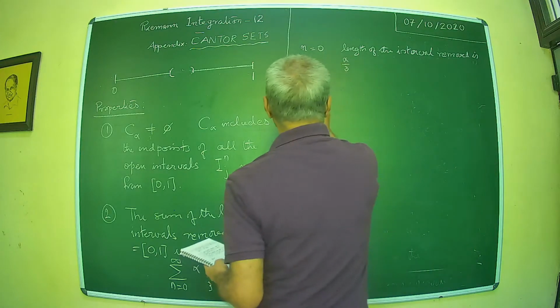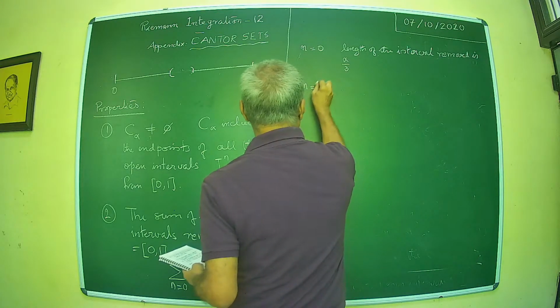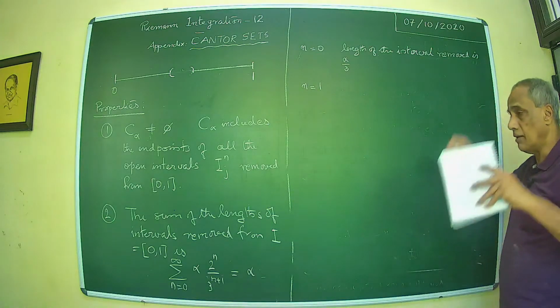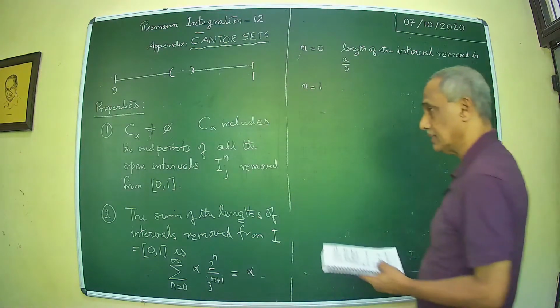For n equal to 1, what do we have? You have alpha by 9 removed.